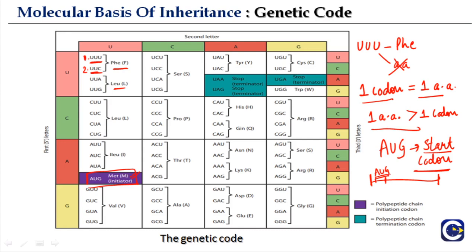And the second thing you need to know is the stop codons. Like start codons, there will also be stop codons. And what are the stop codons? There are 3 stop codons, and you must remember them: UAA, UAG and UGA.